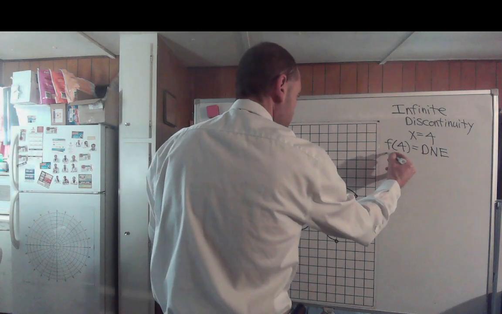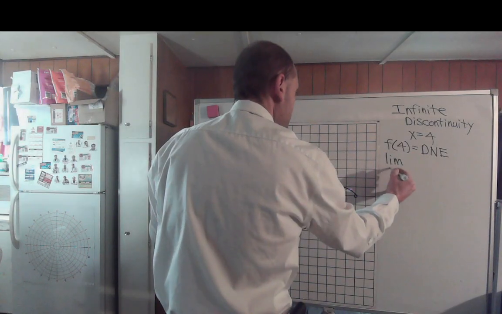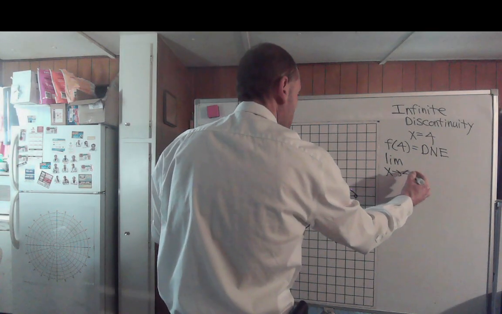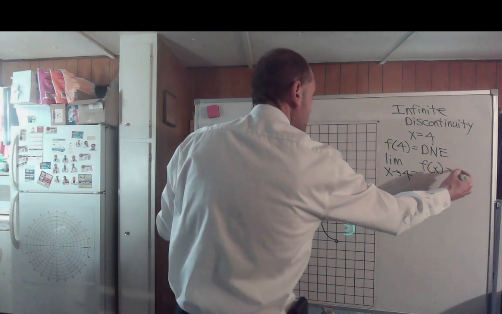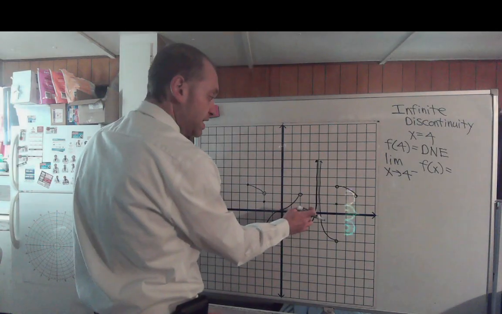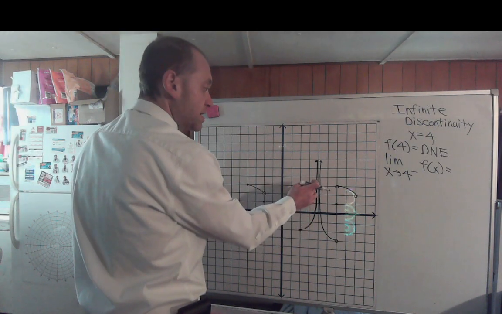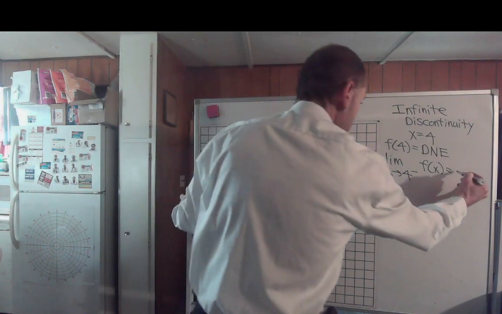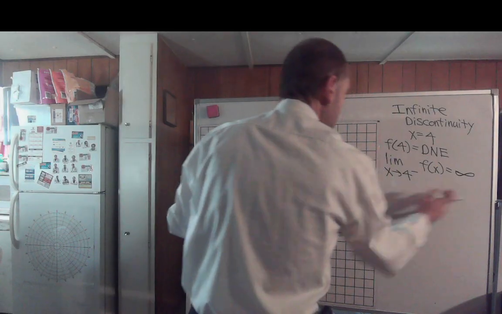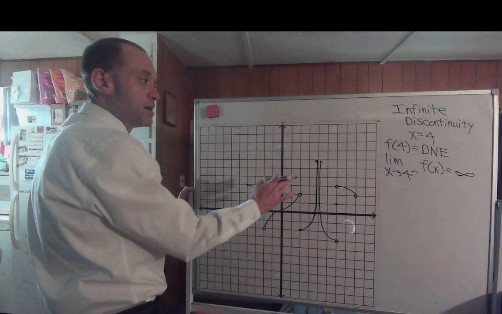Let's start with the left-handed limit as x approaches 4 of this function. If we approach 4 from the left, you just keep going up and up and up until you get infinitely close to 4, and you go towards infinity, because this graph keeps going up and up and up.